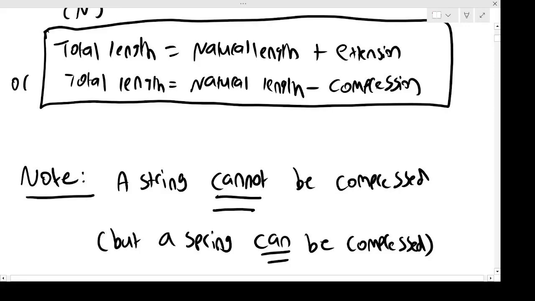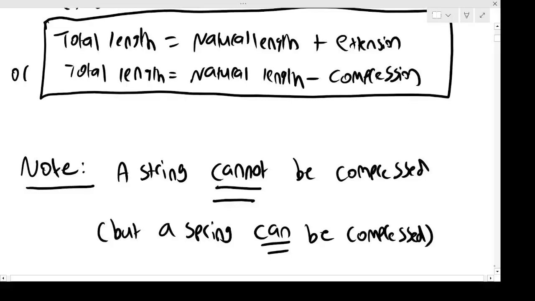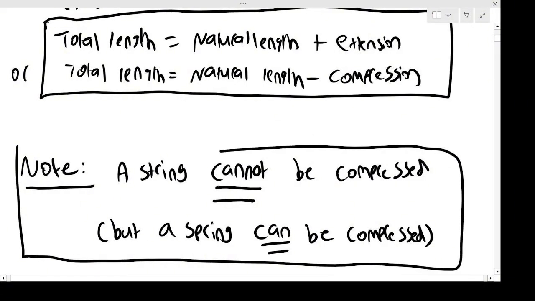Effectively a string can only be stretched, but a spring can be stretched and compressed. I want to make this point explicitly now, because there are going to be some questions later on in the chapter where this will be relevant.